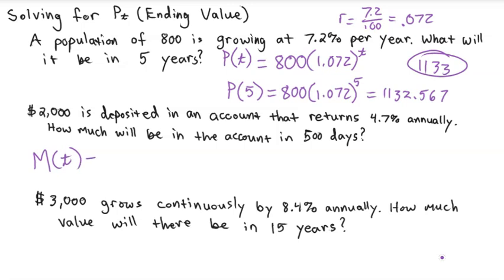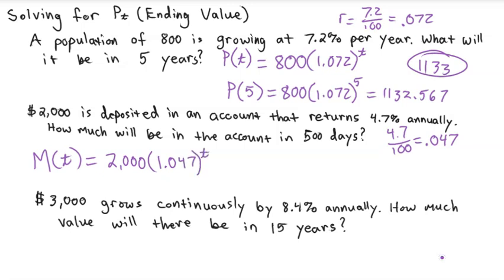The money at a certain time is equal to the starting value, which is 2,000, times 1. This is a growth because we're returning. Returning 4.7% annually. So that's 4.7 divided by 100 to get our rate, 0.047. So it's going to be 1 plus 0.047, which is 1.047 to the power of t.